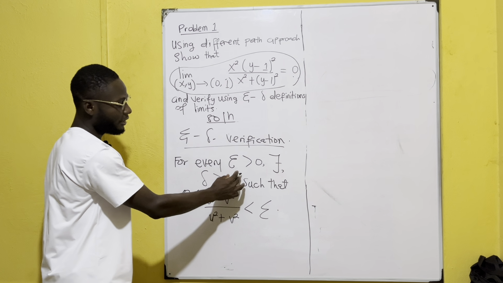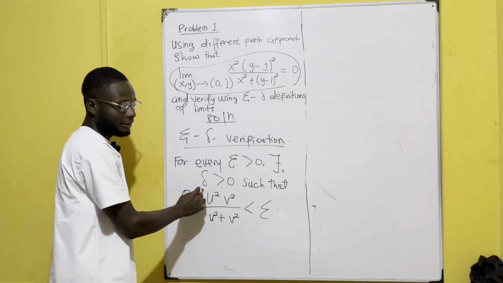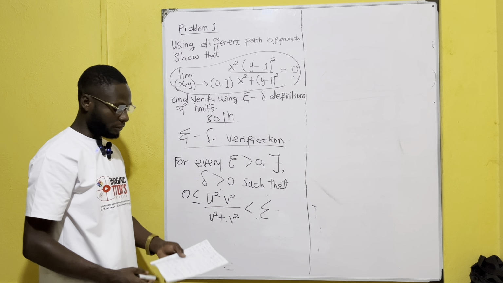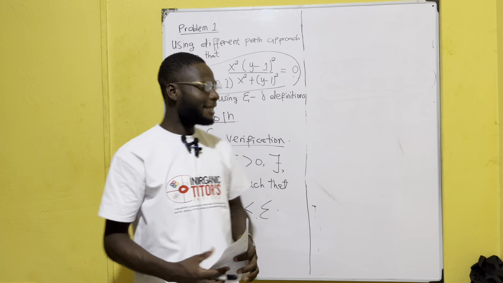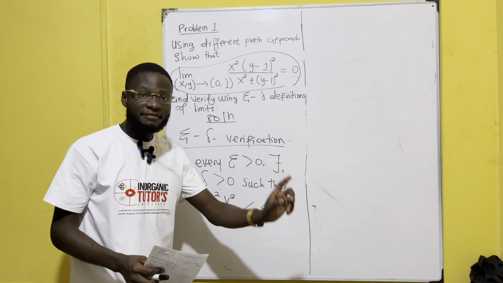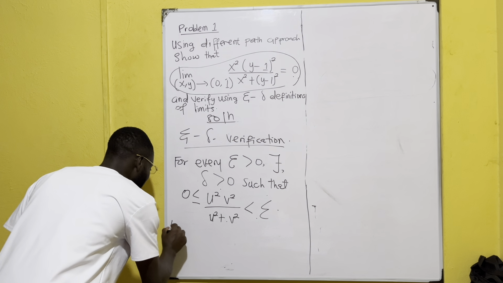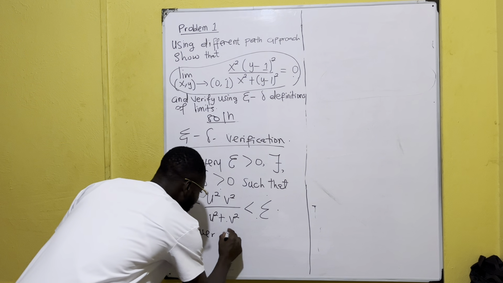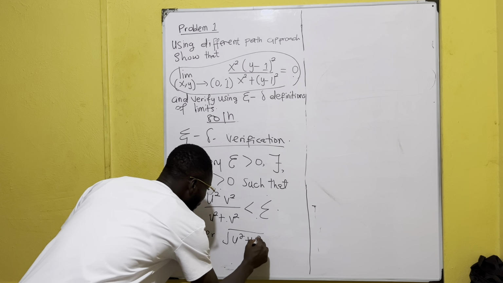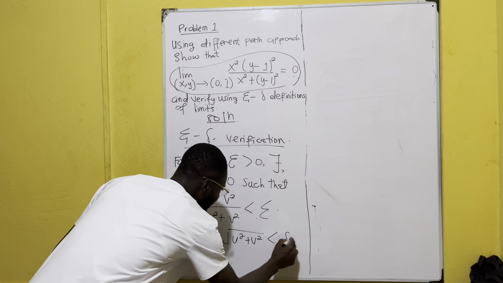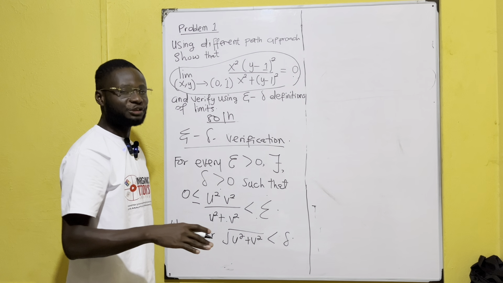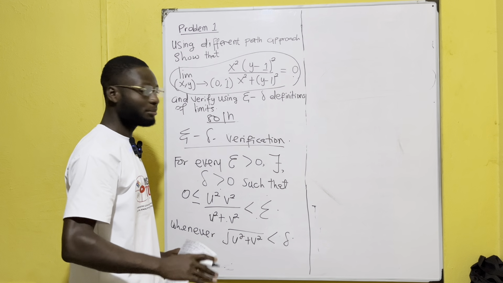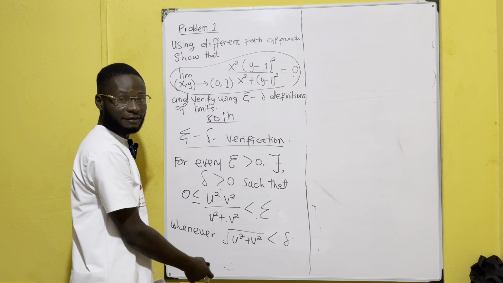So for every epsilon greater than 0, there exists a delta that is also greater than 0, such that this expression is less than epsilon, and this will only hold whenever the square root of u squared plus v squared is less than delta. When you come to direct substitution, you won't have anything like this. You'll have a simple expression.